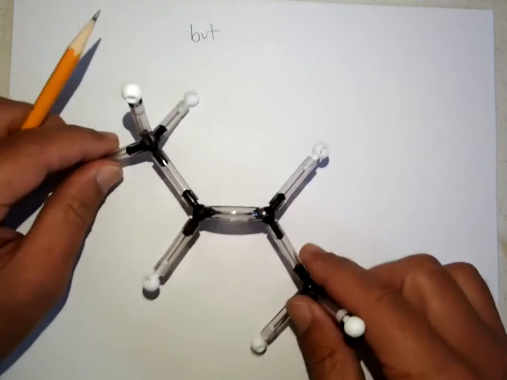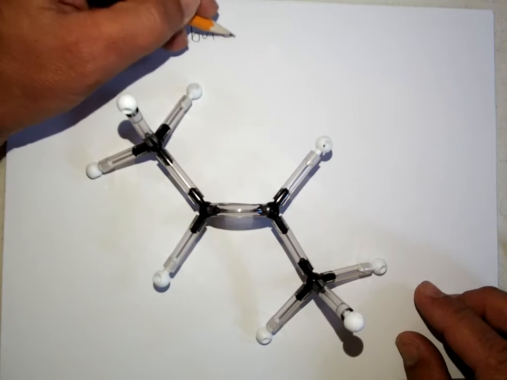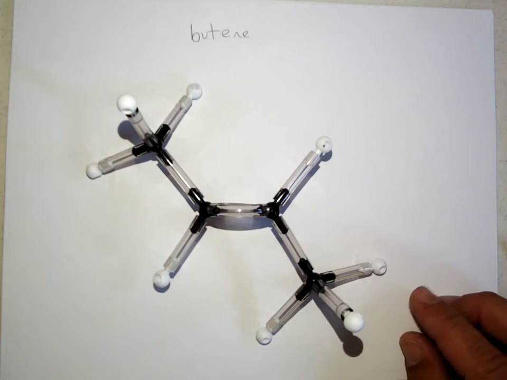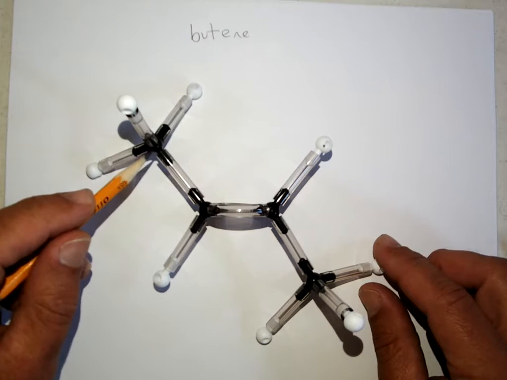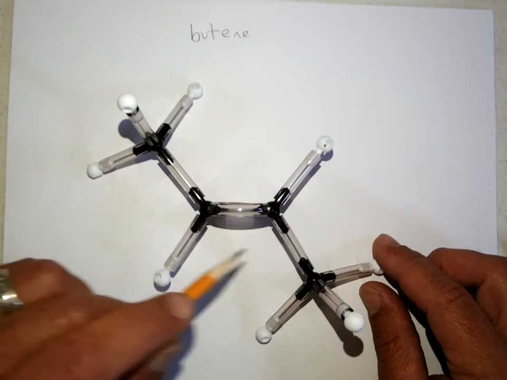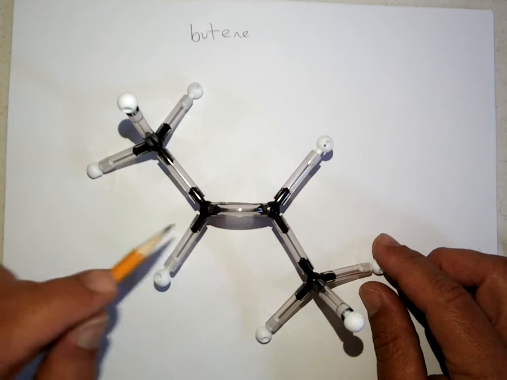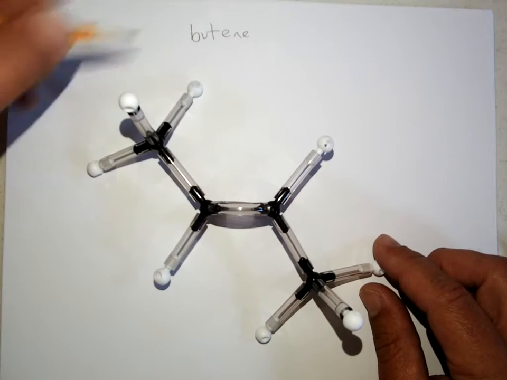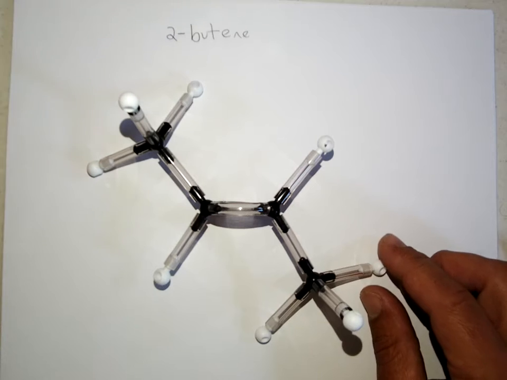The double bond means the -ene suffix, and then we have to say where the double bond is starting. So if we number the carbons 1, 2, 3, 4, then the double bond starts on carbon number 2, so this is 2-butene.